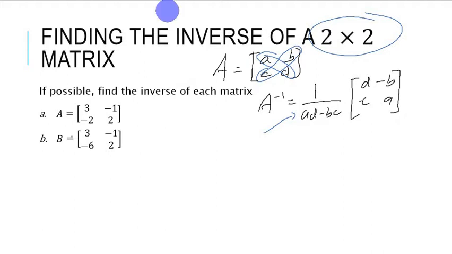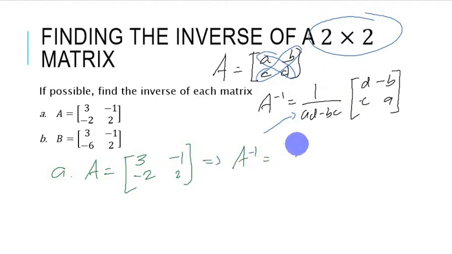Alright, so let's start with letter A, which is a matrix A with the entries negative 3, negative 1, negative 2, and 2. Following our formula here, the inverse of A will be equal to 1 over 3 times 2 minus negative 1 times negative 2. Let's fix that.